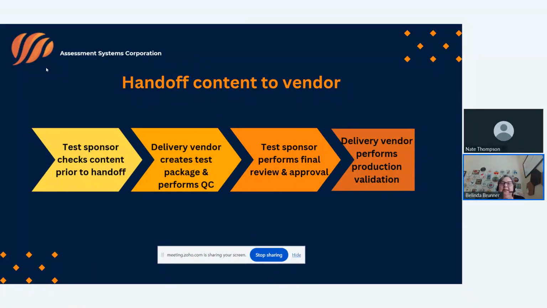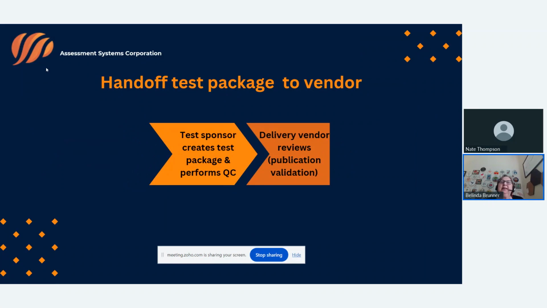So this is an example of a typical process, perhaps, if the handoff from the test sponsor to the vendor occurs at the content level, the raw content level. The second option is that the test sponsor actually hands off a completed test package to the vendor.